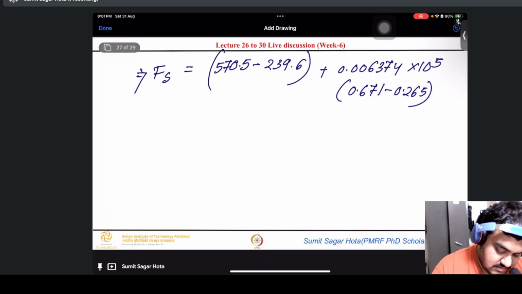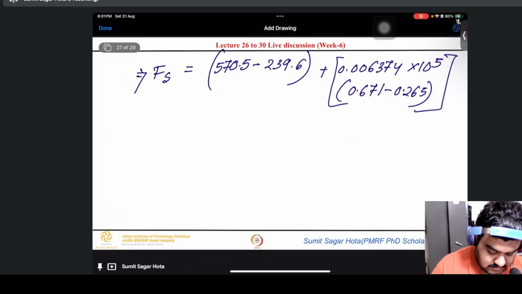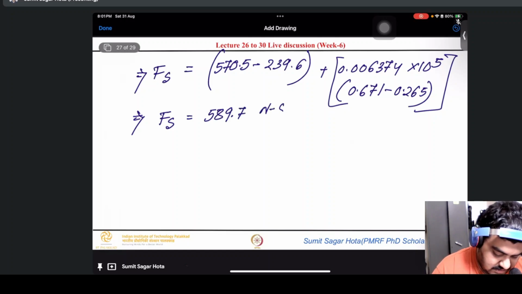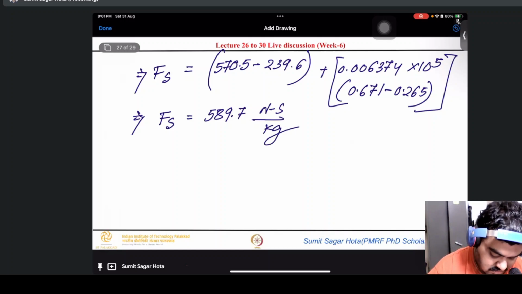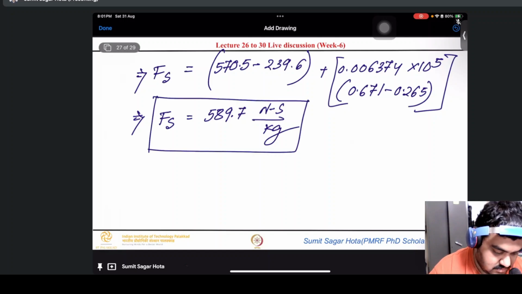Do it and find Fs as 589.7 Newton second per kg. This is your answer.